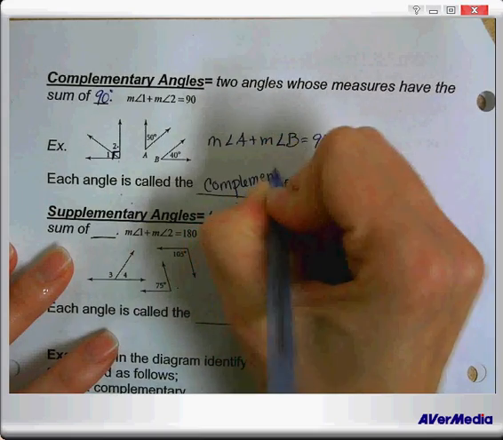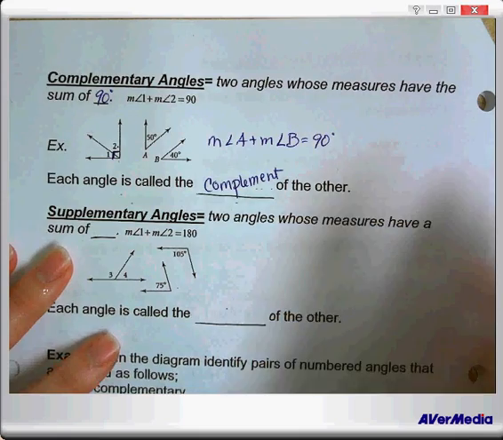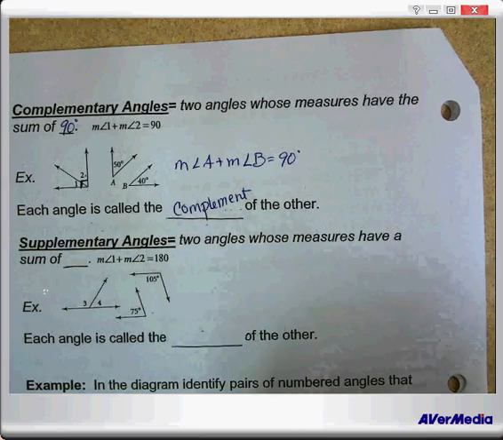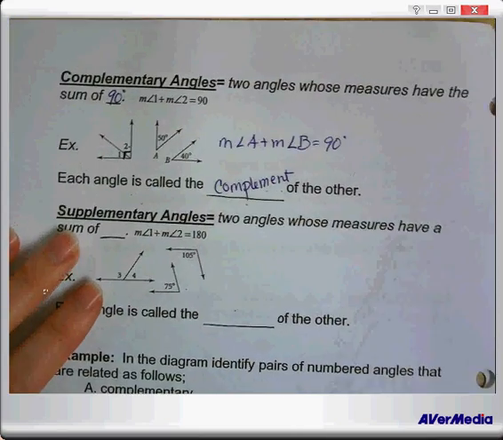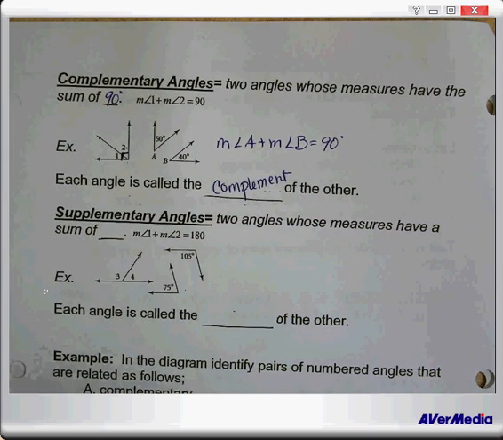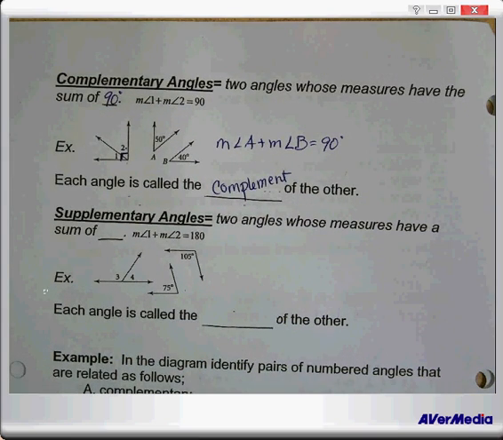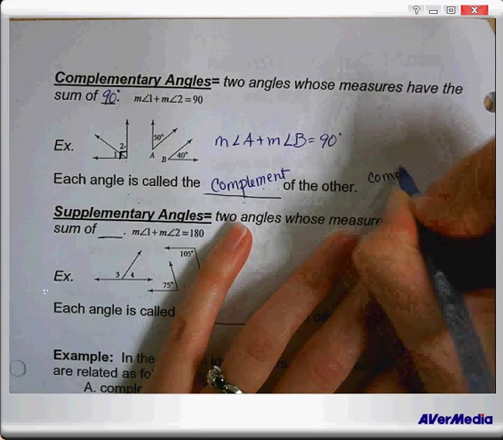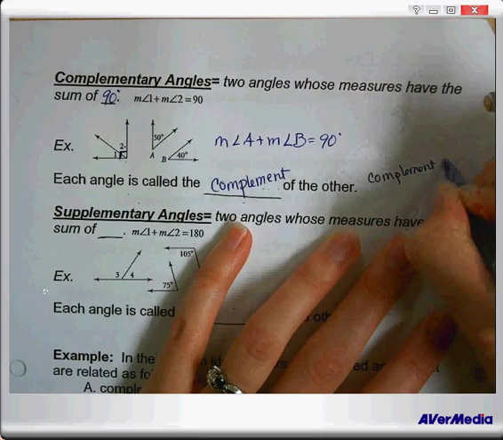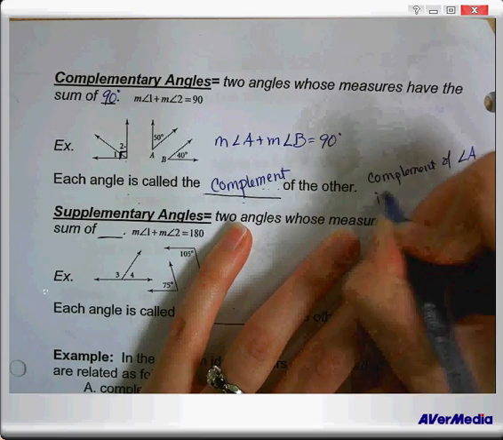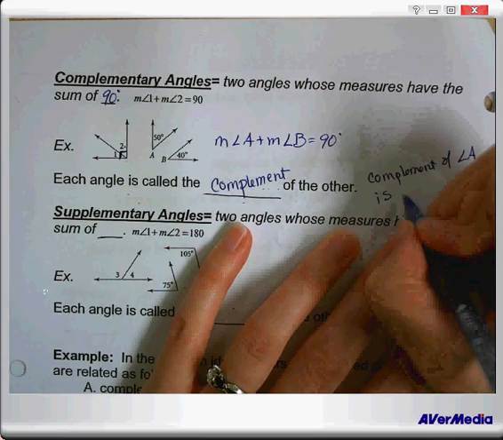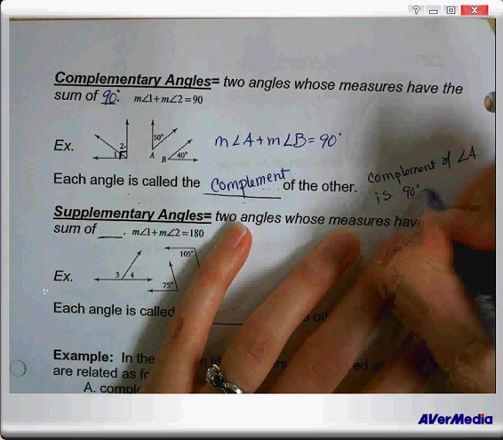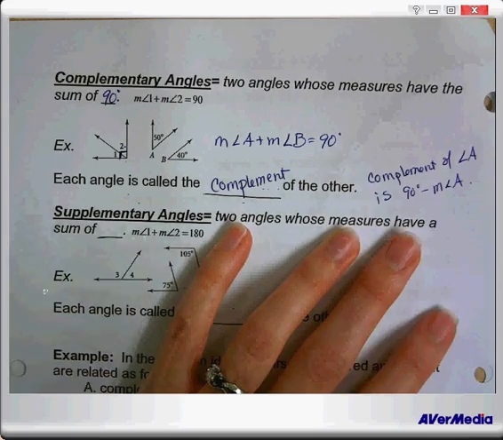Now, here's one thing you need to know. The complement of the other one is 90 minus that angle. So the complement of angle A is going to be 90 minus the measure of angle A. And you'll understand that a little bit more later.